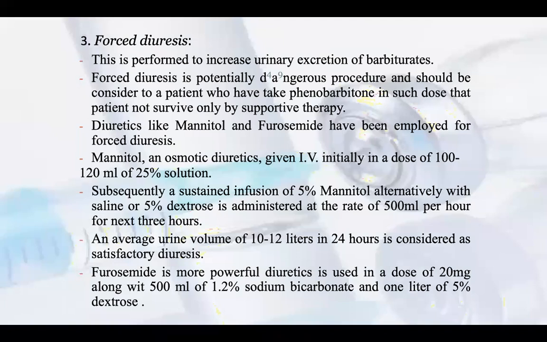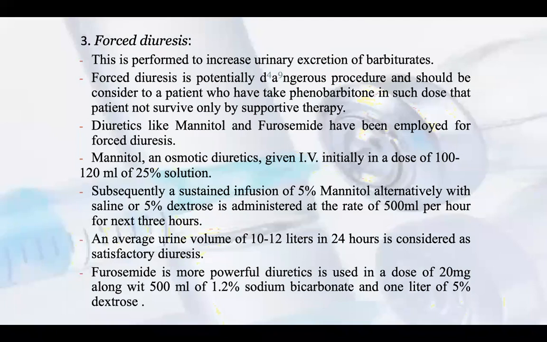Mannitol, an osmotic diuretic, is given IV initially in a dose of 120 ml of 25% solution. Subsequently, a sustained infusion of 5% mannitol, alternating with saline or 5% dextrose, is administered at the rate of 500 ml per hour for the next 3 hours.